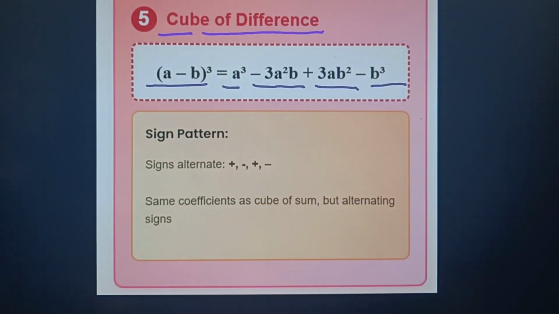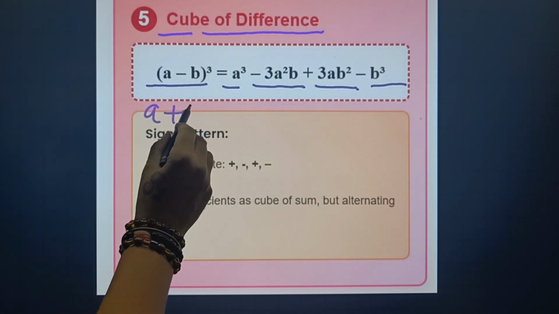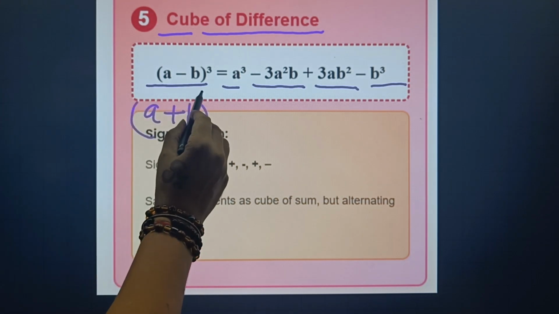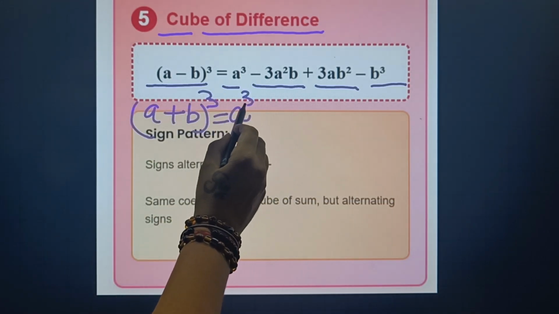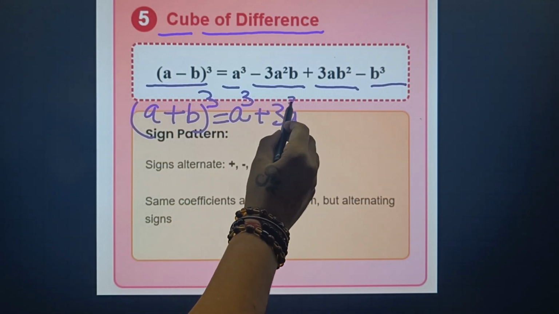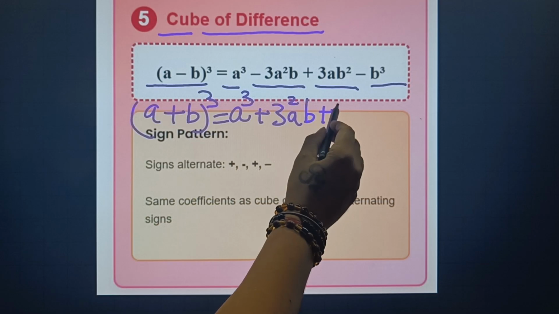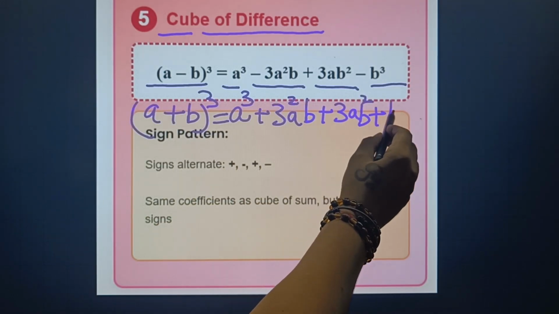So if we compare it with our previous identity, which was a plus b whole cube, there we had a cube plus 3a square b plus 3ab square plus b cube.